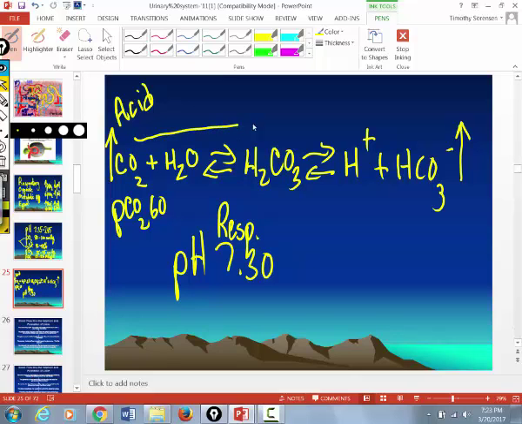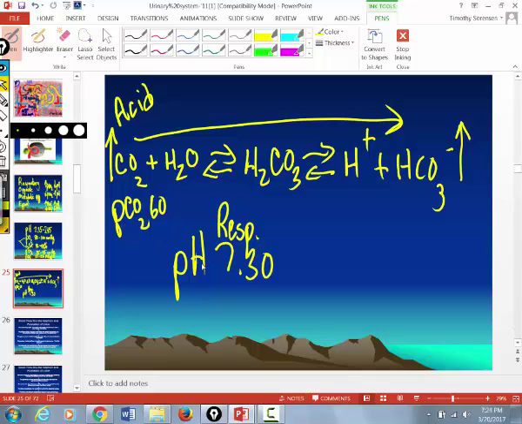And it's going to force the equation this way. You're going to make more free-floating hydrogen. So what's the only system that can compensate for a respiratory acidosis? The kidneys. So how would the kidneys compensate? By not releasing, but reabsorbing more bicarbonate back into the blood. So what should happen to the circulating level of bicarbonate if the kidneys are helping out? That should go up.